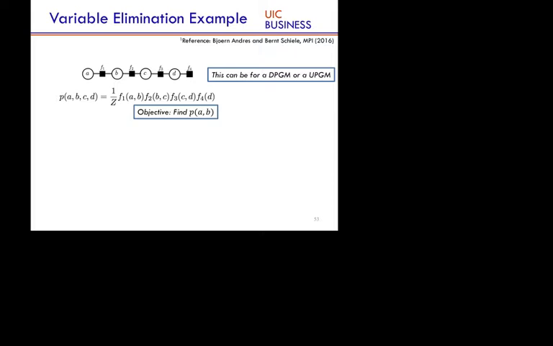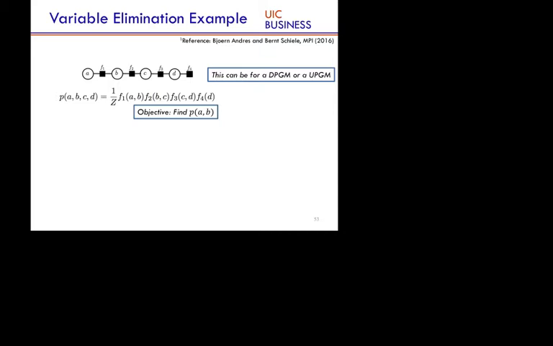And there's a normalization factor because I don't know whether it's from a directed or an undirected model. If it is a directed one, I don't need this because it will capture conditional independences, so they don't need normalization.